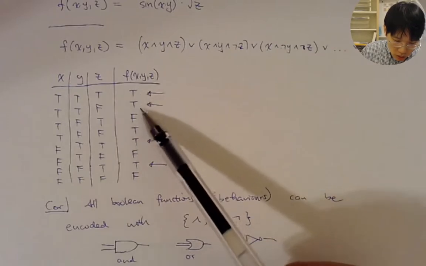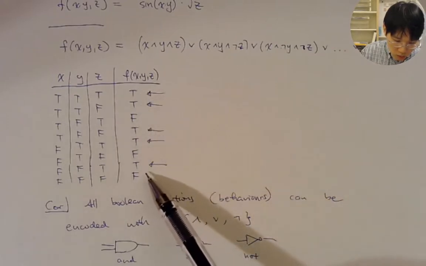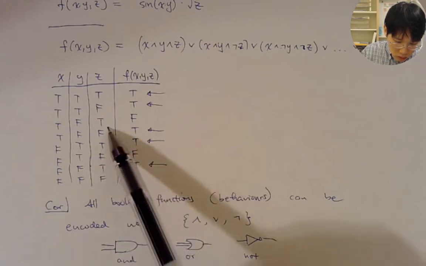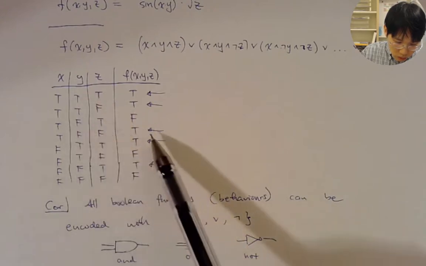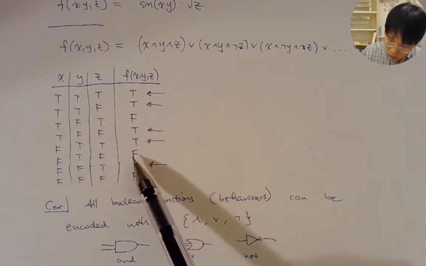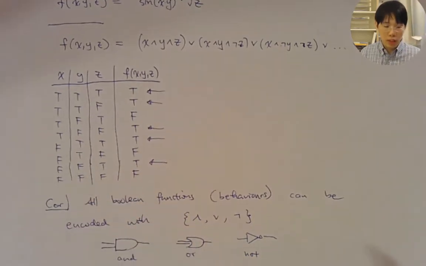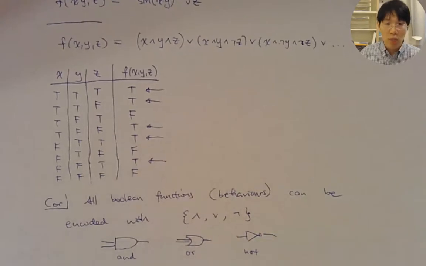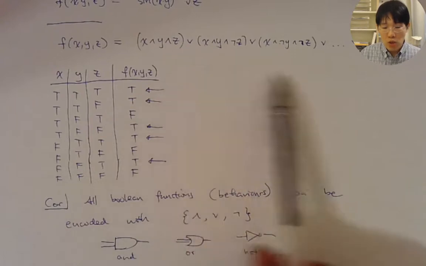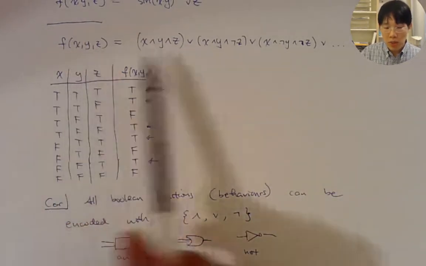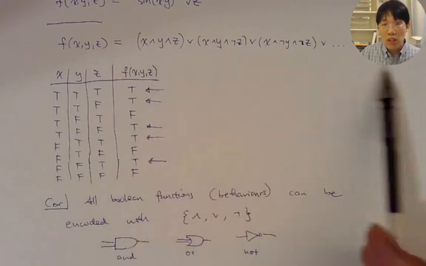So if I look at these 5 truths, it looks like, I don't know. I should have prepared this. So let's not do this. But maybe there's a shorter expression that this function could be written as, not this long.